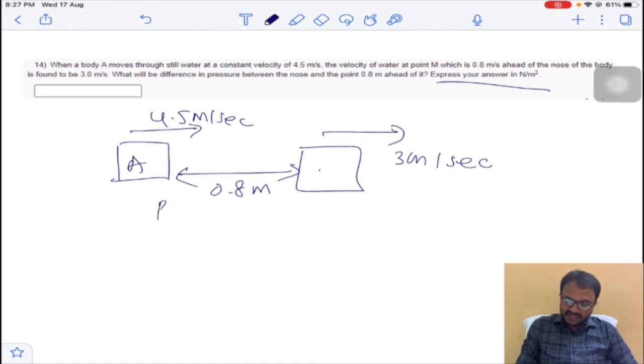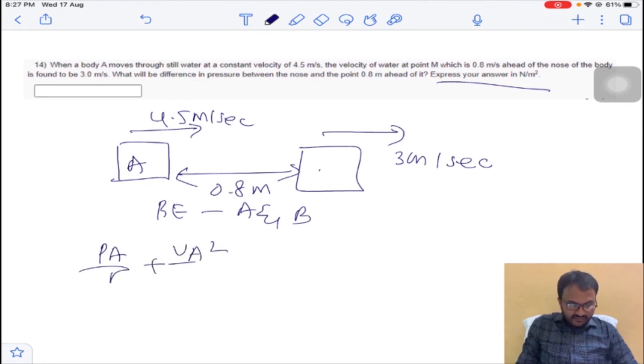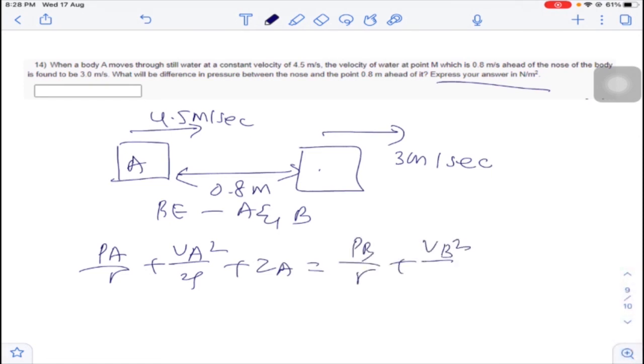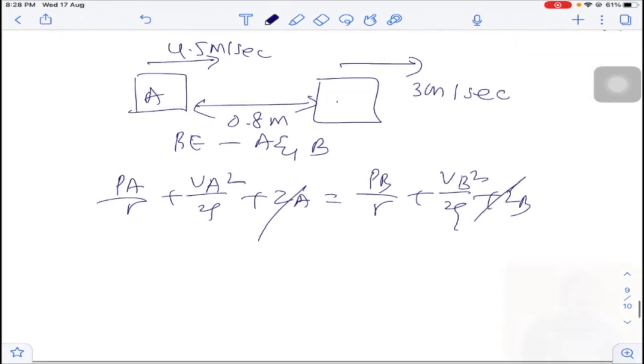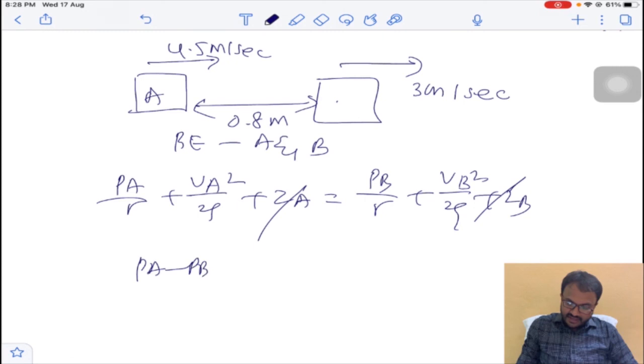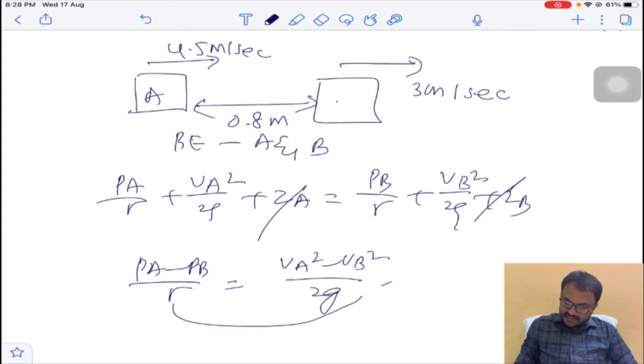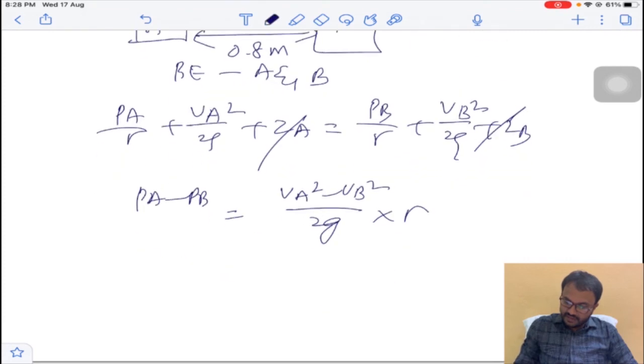I'll apply Bernoulli's equation at points A and B: PA/gamma + VA²/2g + ZA = PB/gamma + VB²/2g + ZB. ZA and ZB are the same. So (PA − PB)/gamma = (VA² − VB²)/2g.